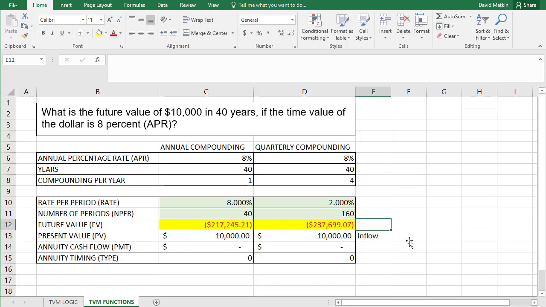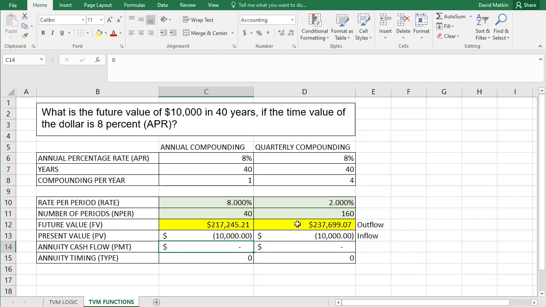And therefore, Excel says if you receive this inflow today and the time value of money is 8% APR over 40 years, you're going to have an outflow of these amounts that we've calculated, 217,000 or 237,000, depending on whether the deal is anticipating annual compounding or quarterly compounding. If we want to take the other side of the investment, all we have to do is make these values negative.